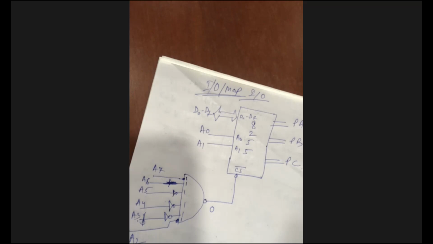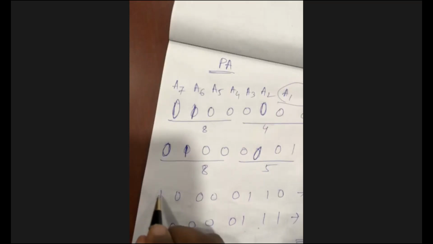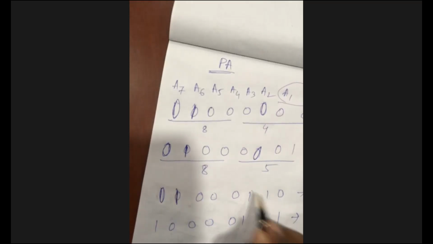Done? Yes. Next, calculate the address of port B. This will be 0, this will be 1, this will be 0, this will be 0, this will be 1, this will be 0.